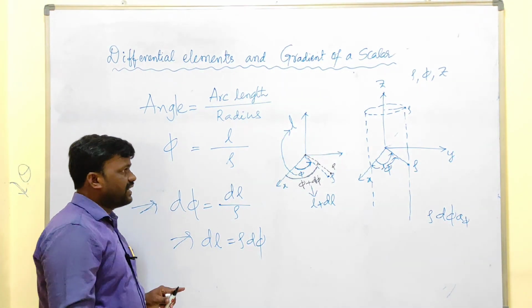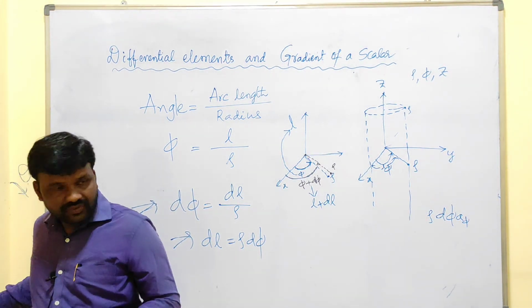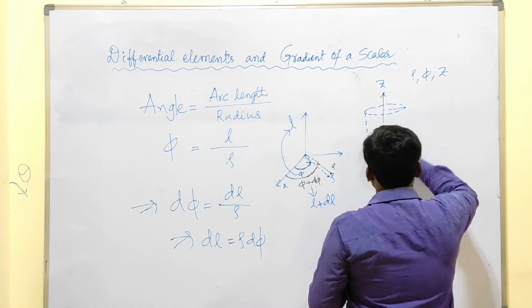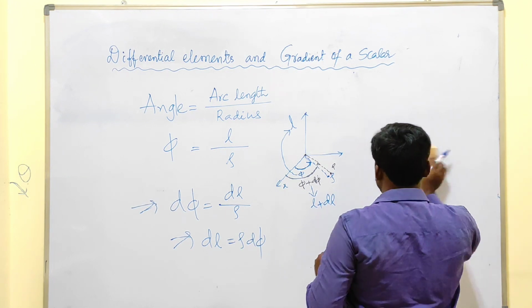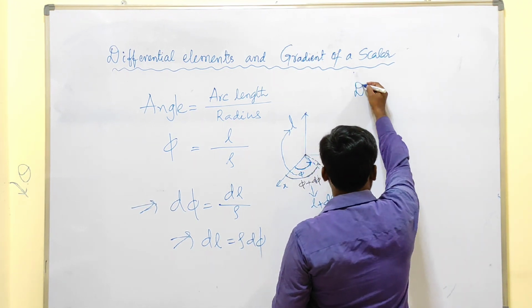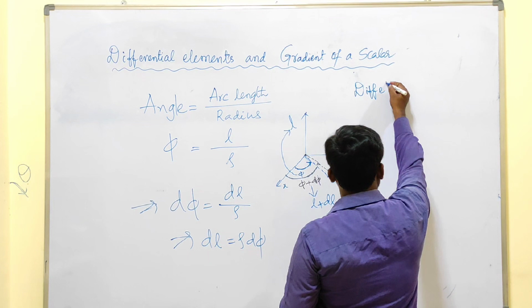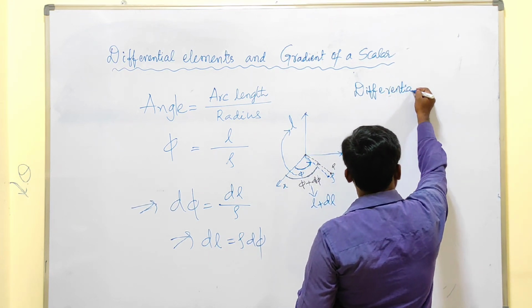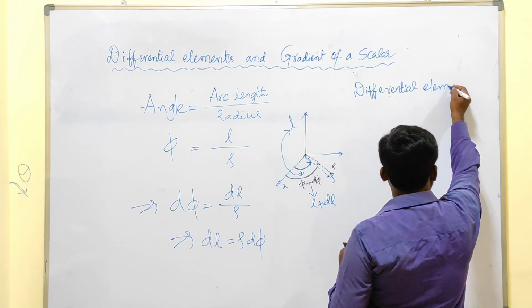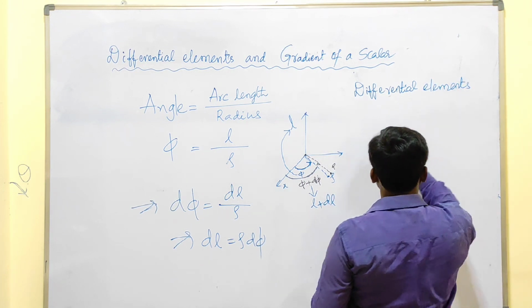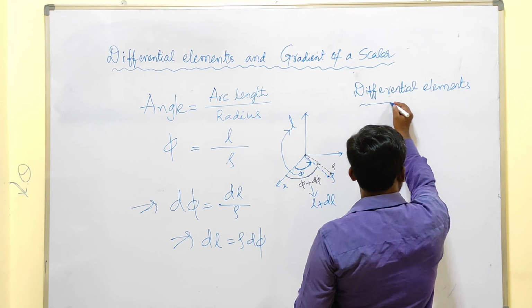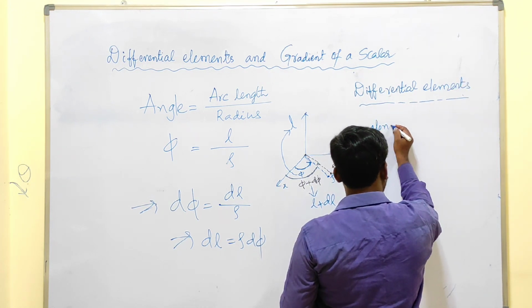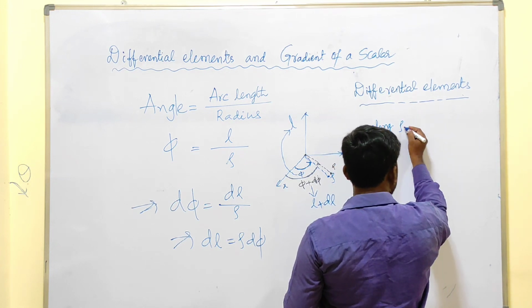Now write down differential elements along rho direction, phi direction and z direction. Differential elements in this case are given by, let us take this common one, differential element along rho direction.